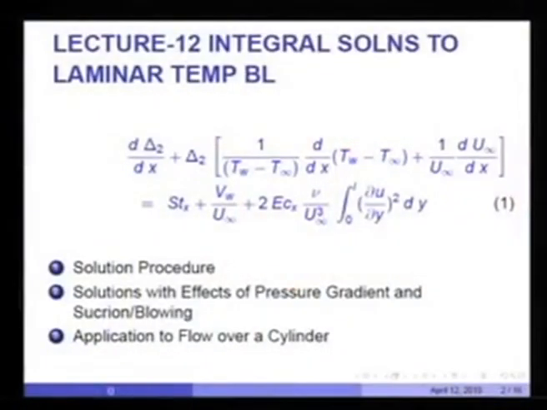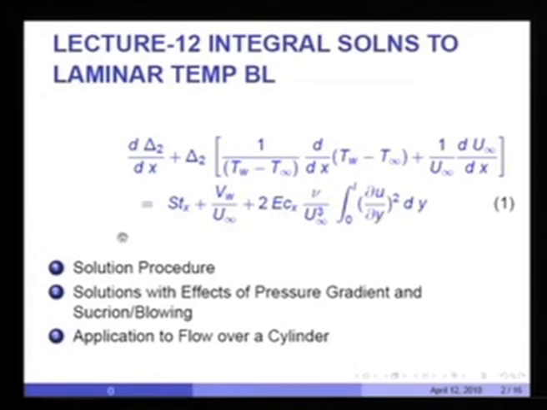The equation, you will recall, is written here: d delta 2 by dx, where delta 2 is the enthalpy thickness, plus delta 2 times the wall temperature variation term, the pressure gradient term, that is the variation of u infinity, equals the Stanton number, which is a dimensionless heat transfer coefficient at the surface, the wall velocity term, and the viscous dissipation term.